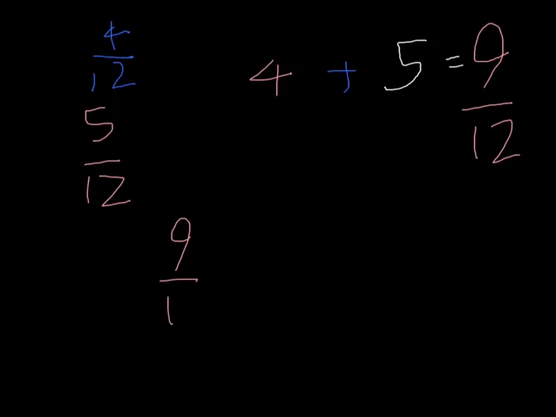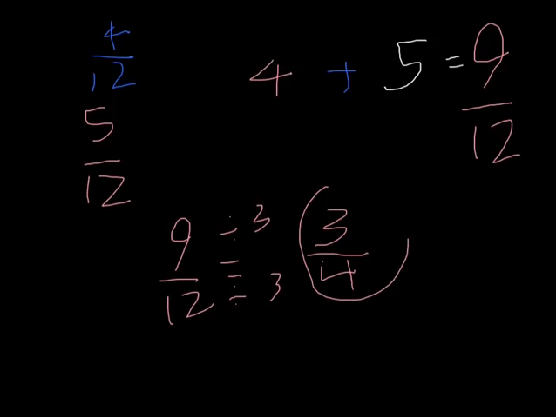Both 9 and 12 can be divided by 3. So 9 divided by 3 gives you 3, and 12 divided by 3 gives you 4. So your total answer simplified is 3/4. That means the answer is D.